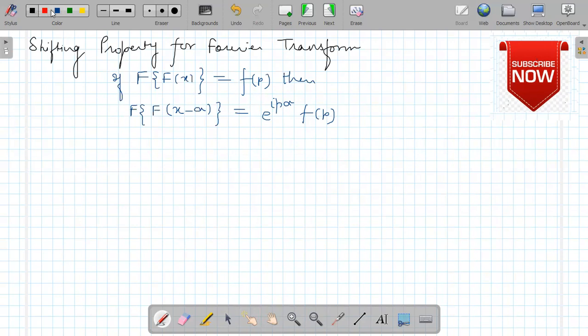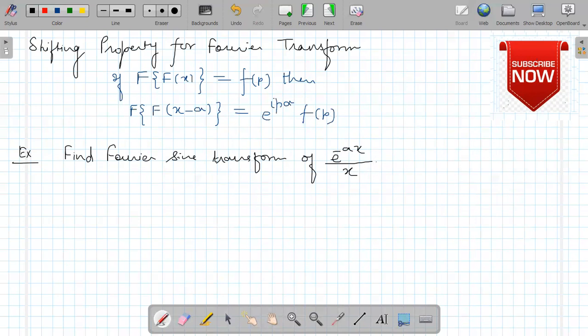So let's take one example. Find the Fourier sine transform of the function e raised to the power minus ax, whole divided by x, where a is greater than 0.